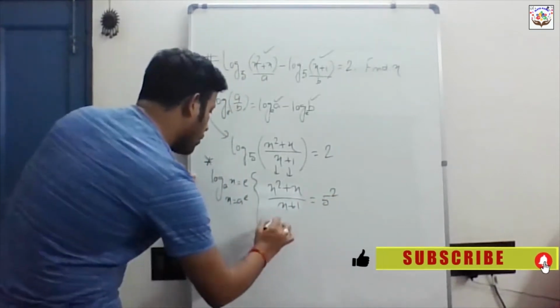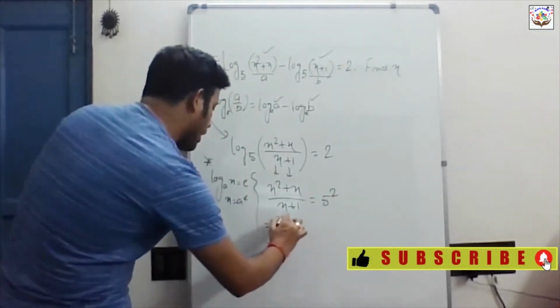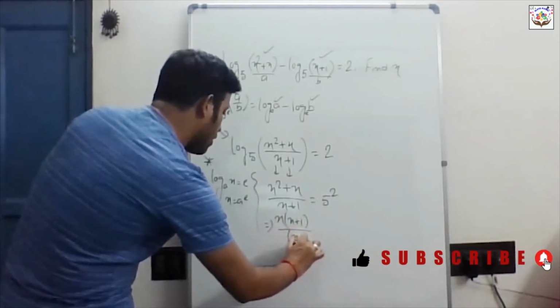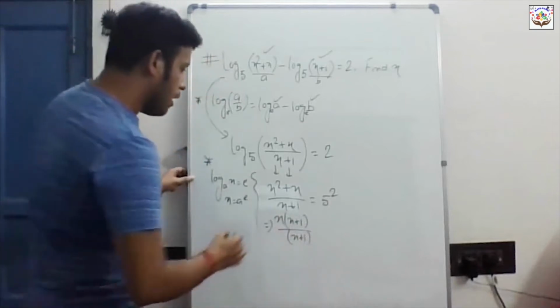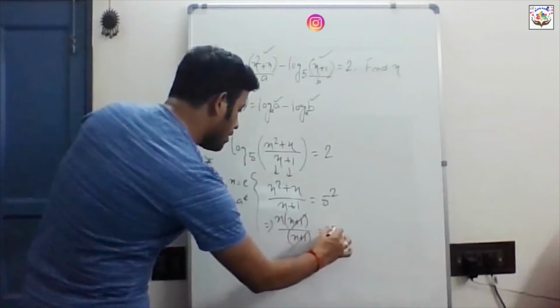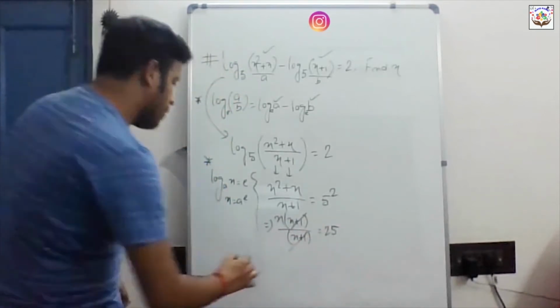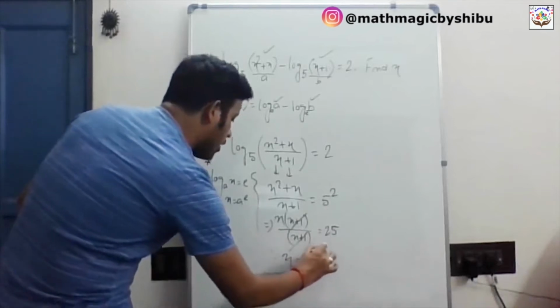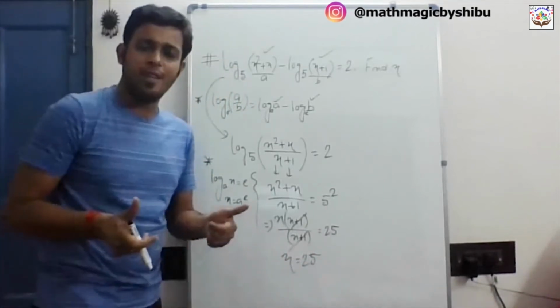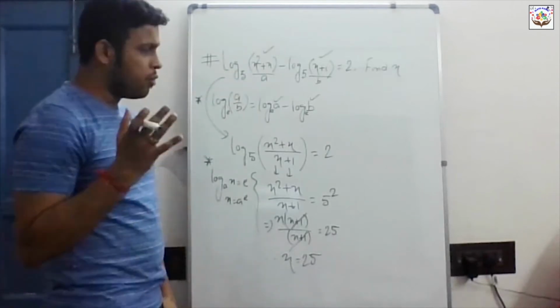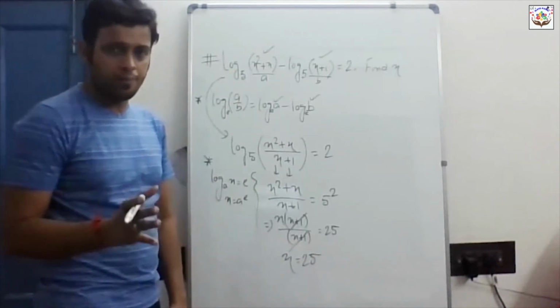Now we need to solve it. If we take x as common, then x into x plus 1 divided by x plus 1. Now the x plus 1 can be cancelled out, and 5 square is 25. So the value of x will be equal to 25. Easy? I hope it is easy and very understandable if you go through the basic formula of logarithm.